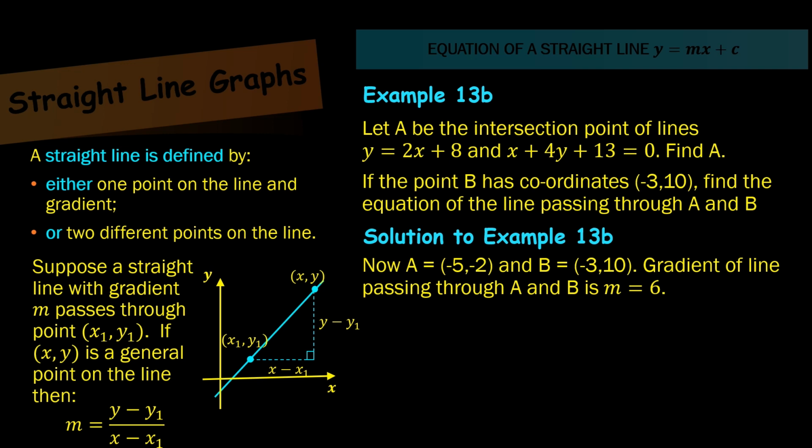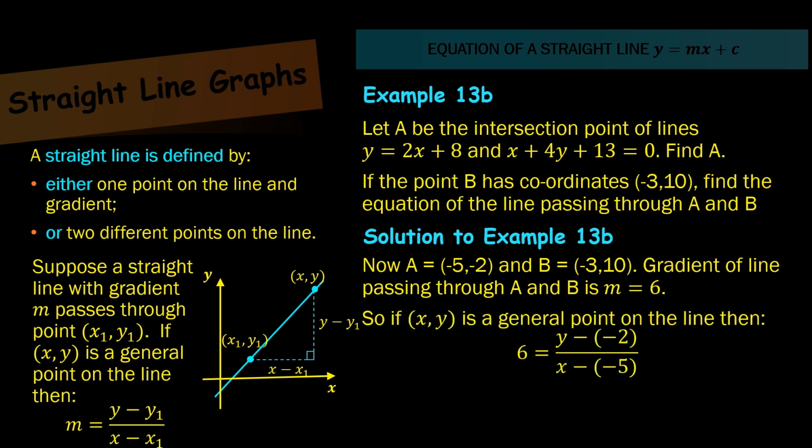So if (x, y) is a general point on the line, then 6 equals y minus minus 2 over x minus minus 5. Tidying up gives us y plus 2 all over x plus 5.